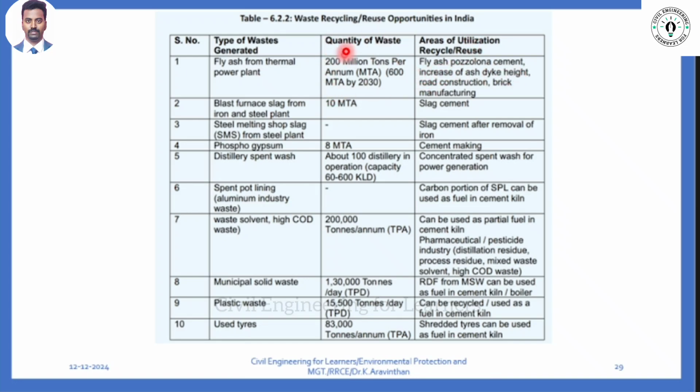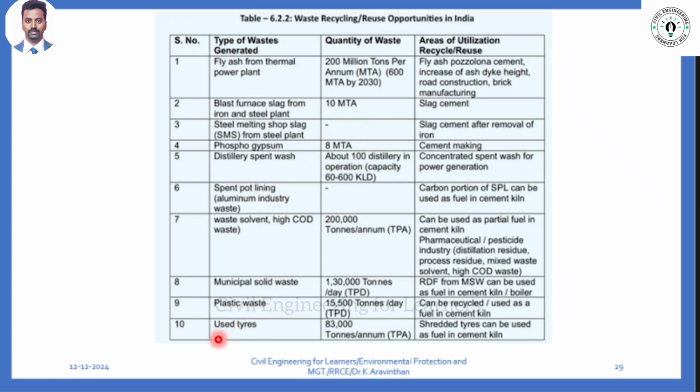How much quantity of waste is reused? 200 million tons per annum of thermal power plant industry waste is being reused as fly ash based cement. Blast furnace slag, nearly 10 metric tons per annum, MTPA, is used for slag cement. So these are examples of hazardous waste being reused as another material and recovered, like distillery spent wash, etc.